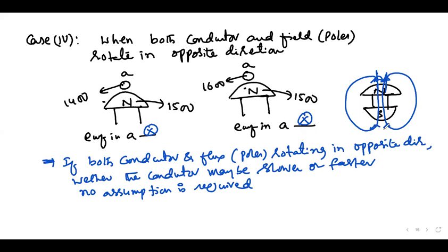Sir, in real life, how do we give double excitation, AC excitation and DC excitation? That we will see later. In a synchronous motor, the stator is excited with AC and the rotor with DC. For a synchronous machine, the stator is excited with armature currents in the stator conductors, but the rotor we are exciting extra. In an induction motor, from the rotor side there is no excitation; only the stator is excited.